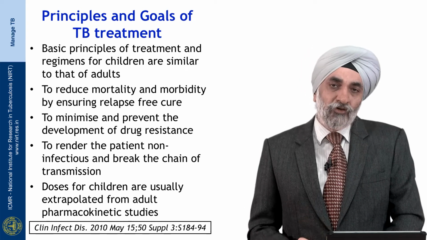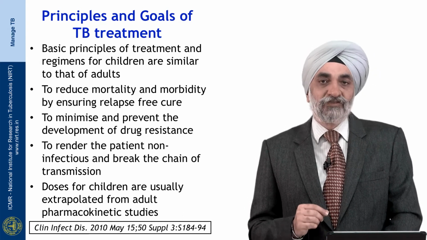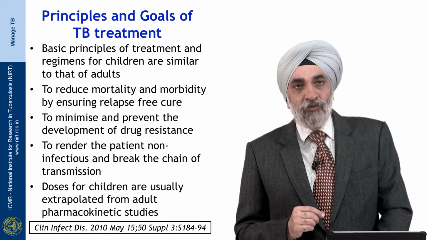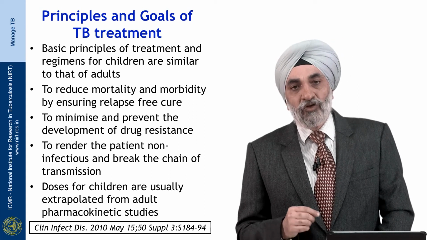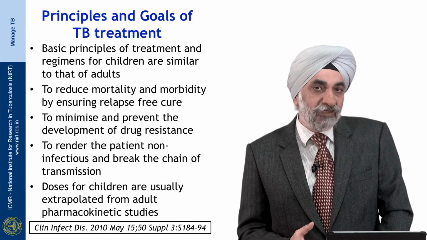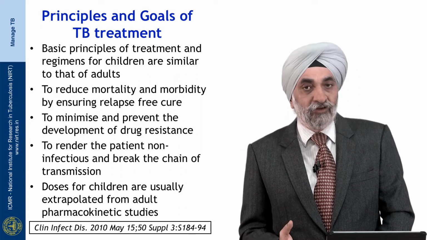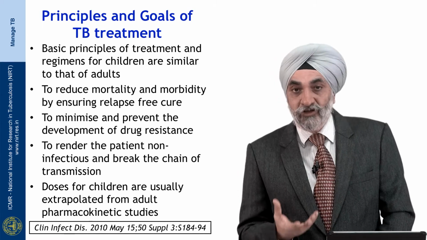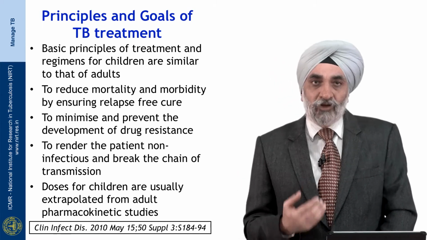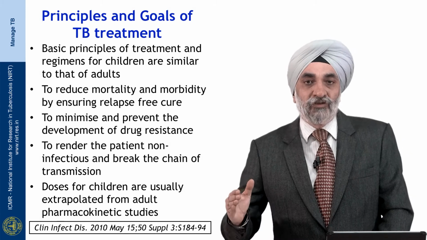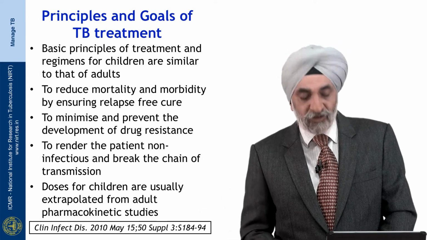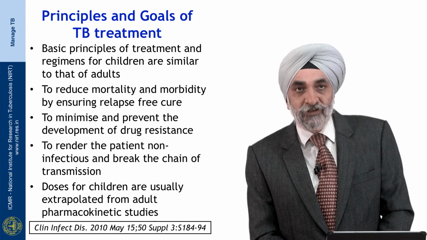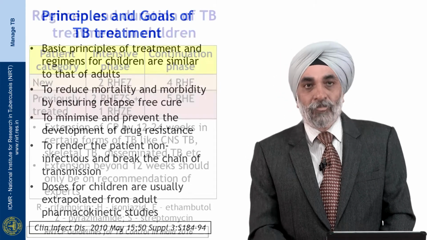At the same time, you want to minimize or prevent the emergence of drug resistance, and you want to render this patient non-infectious. While many pediatric cases, because they are paucibacillary, are non-infectious to begin with, some are not, who have large cavitary pneumonias, and you want to render them non-infectious to break the chain of transmission within the household and in the community, and that is an important principle or goal of TB treatment.